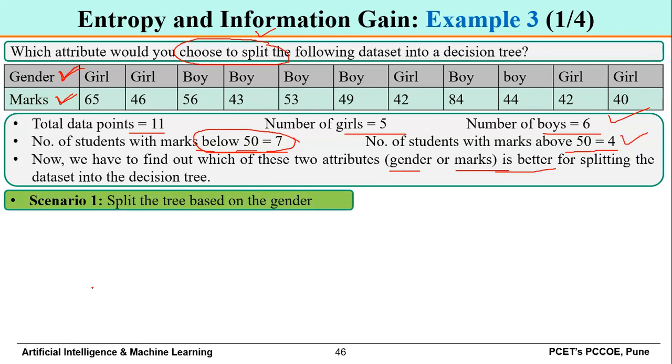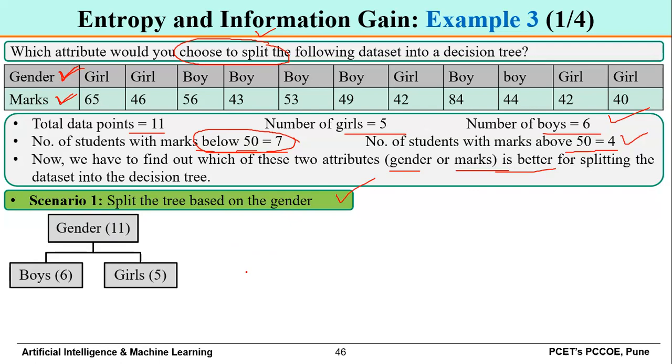So we will take the first scenario and try to construct a decision tree based on gender, and the data will be split. So this is a typical decision tree we can make for the given data. The top node is gender, where 11 candidates, or data points, are there, out of which boys are 6 and girls are 5.